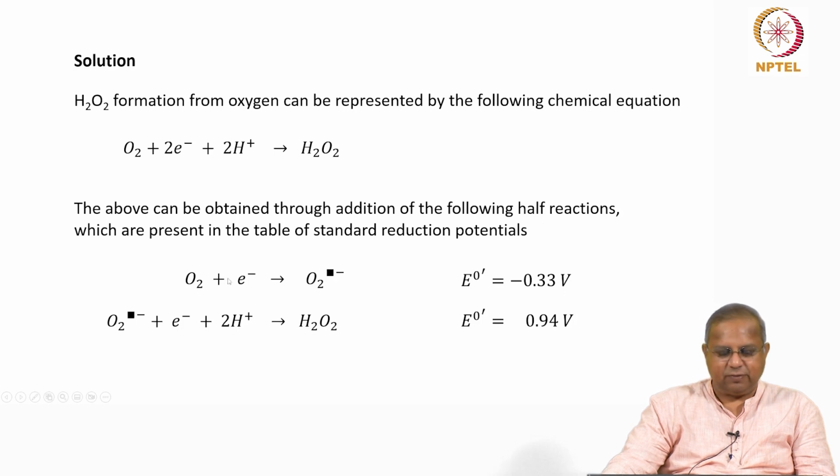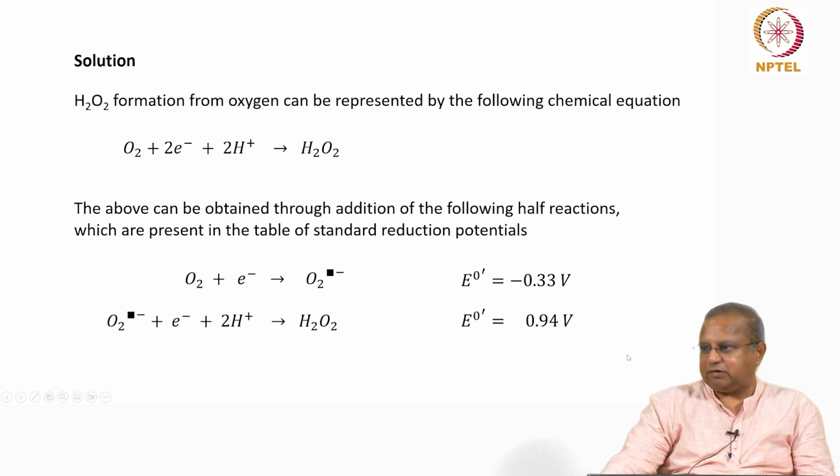Okay, you can check, you just add these two. You have superoxide on this side, superoxide on this side, which cancels out. You have 2 electrons both on the same side, so that adds up, 2H plus remains, H2O2 remains here, which gives you the reaction that you want. So, that is the way we typically check whether you have the right set of half reactions.